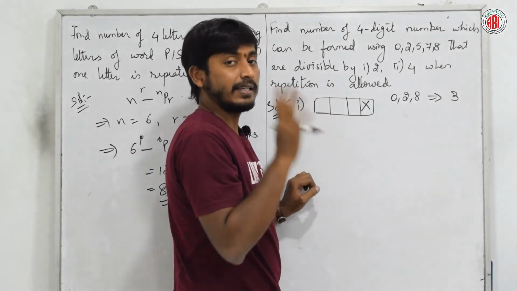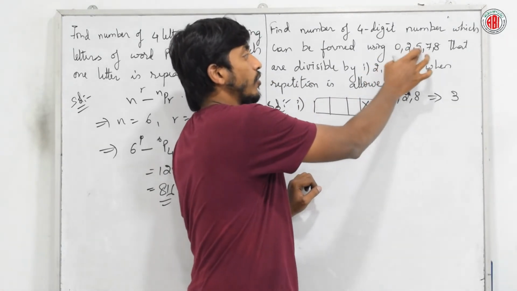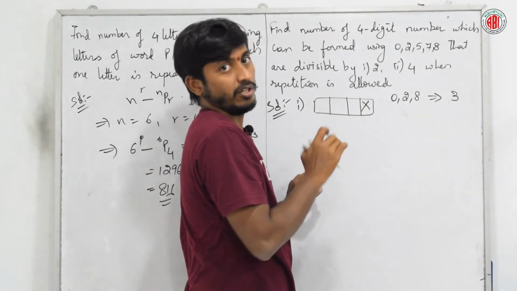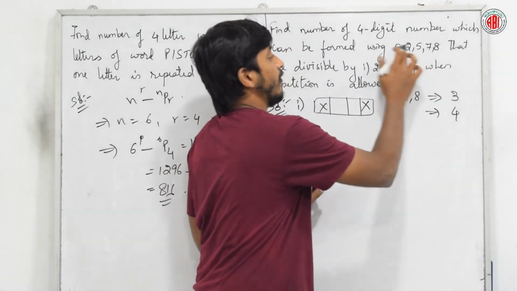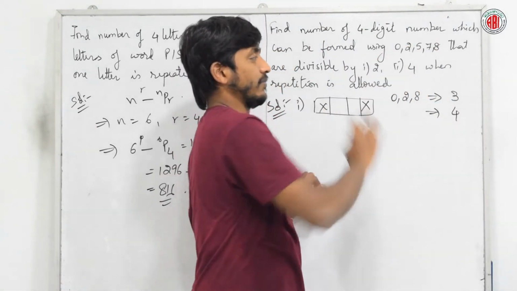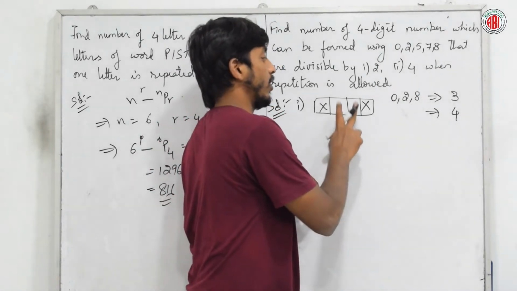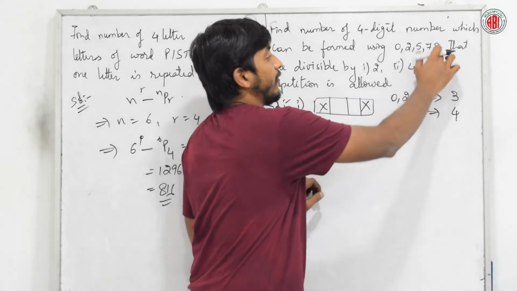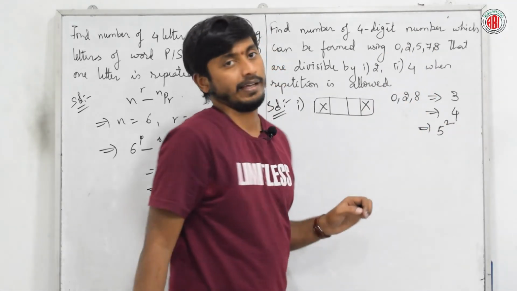First thing done. Next, since it is a 4 digit number, we cannot have 0 in the first place. So the remaining numbers we have to arrange. Since 0 is not allowed, I can put 4 different numbers here, 4 power 1. Still how many places are left? 2 places are left. There are 5 different digits, so I can write it as 5 square.